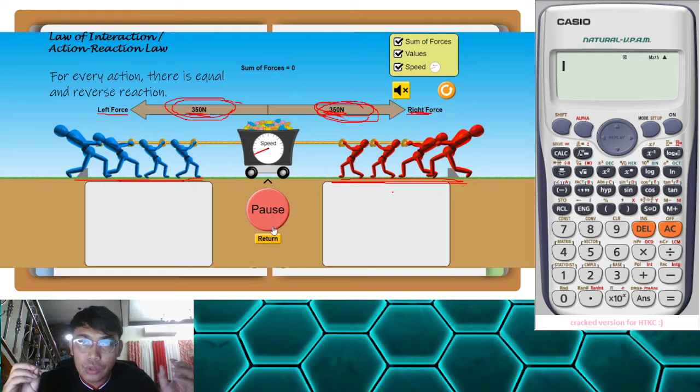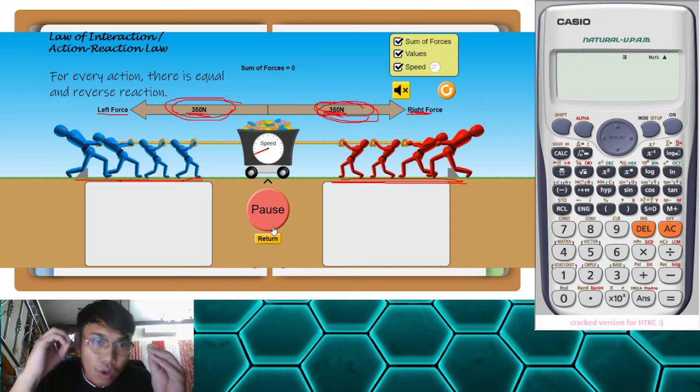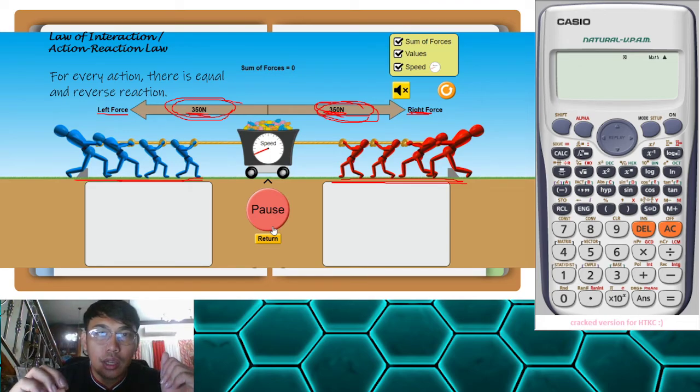Since both of these are producing the same amount of force, for every action there is an equal and opposite reaction. Equal and opposite. So none of them will be moving.